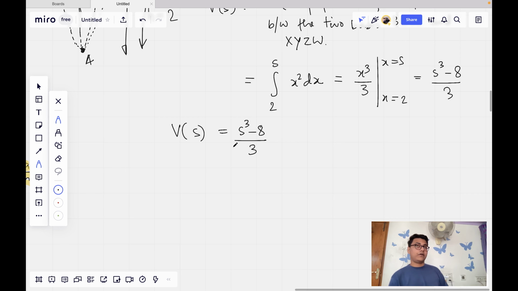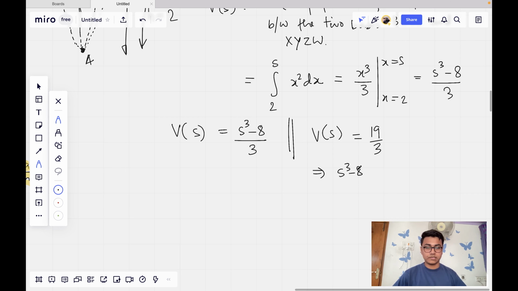Since the volume of water after 1 hour is 19 by 3 meter cube, we have to find the water level after 1 hour. If the volume is equal to 19 by 3, then (s cubed minus 8) by 3 has to be 19 by 3.